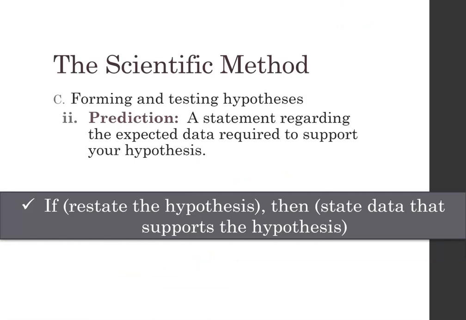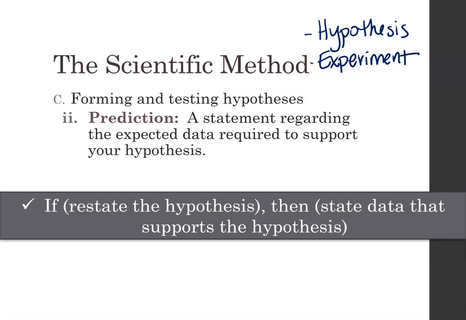Once we form a hypothesis, we can then go about making our experiment and designing a way to test our experiment. So we formulate our hypothesis, we set up our experiment using our control group, our experimental group, our dependent and independent variables. And once we have an idea of how we're going to test our hypothesis, we can then make a prediction.